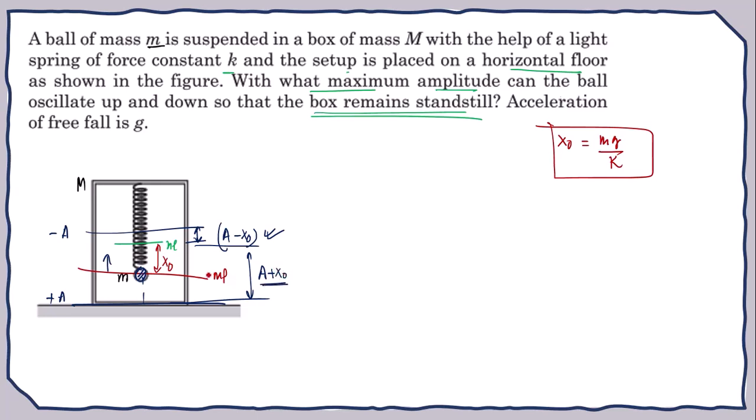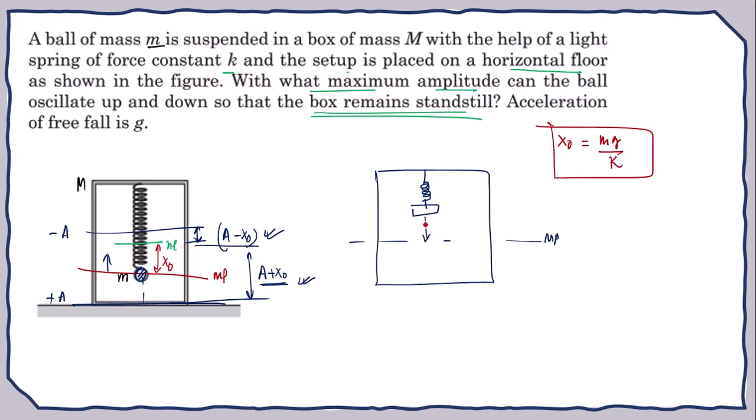So from that mean position, this is the final elongation and this is the final shortening. Now once the ball is moving upward, let us say at that situation, the spring is maximum compressed at this position. So let us say this is the maximum compression. Now based on this mean position, this distance is a minus x naught.